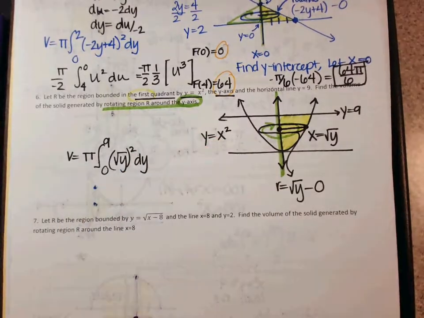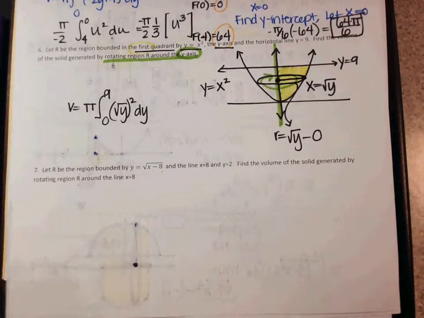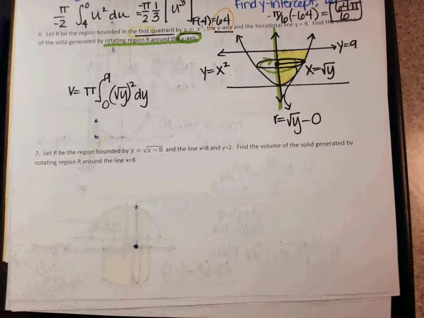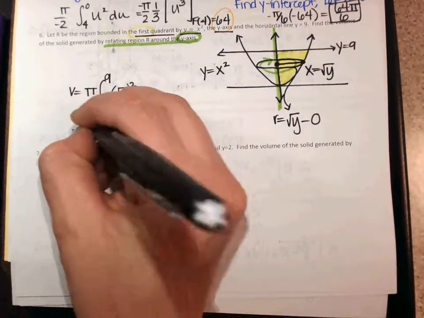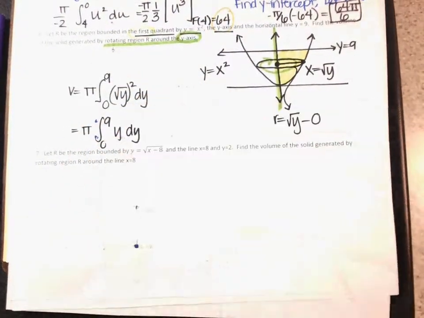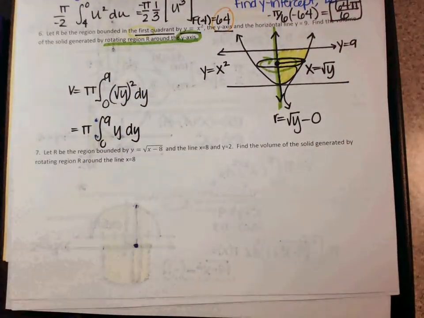We're not going to work that one out, but hopefully you could. Wouldn't it just be y? You wouldn't need u sub. If it's root y squared, that'd just be y. And then you could do it normal. Good. So that would simplify, and then you can do it from there.